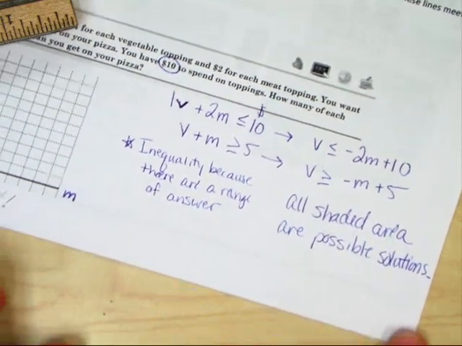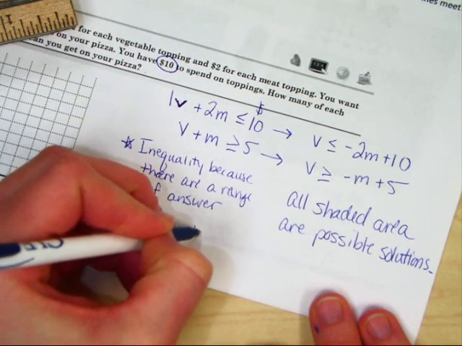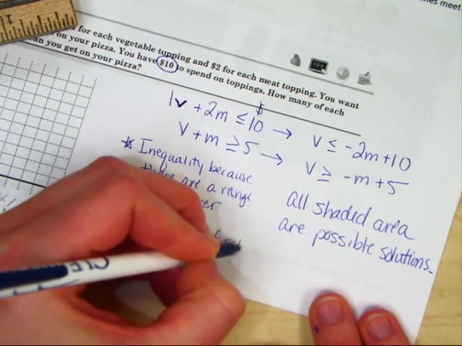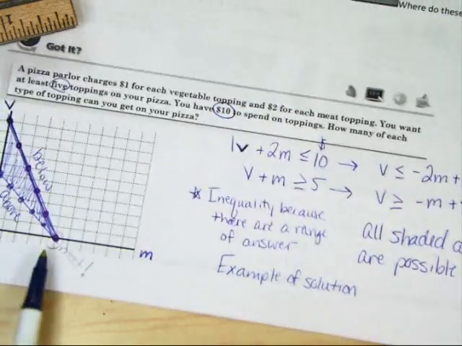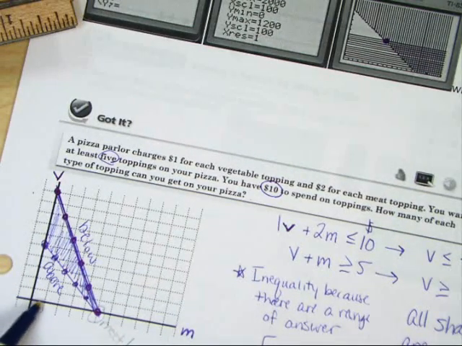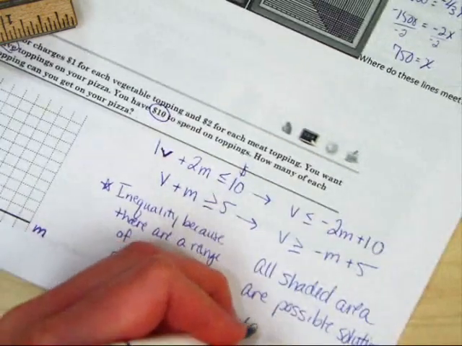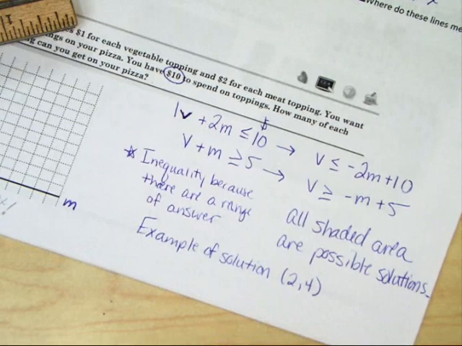If you write a couple of examples, one example of a solution might be, let's see, over 1, 2, up 1, 2, 3, 4, because 2, 4 is in the shaded area.